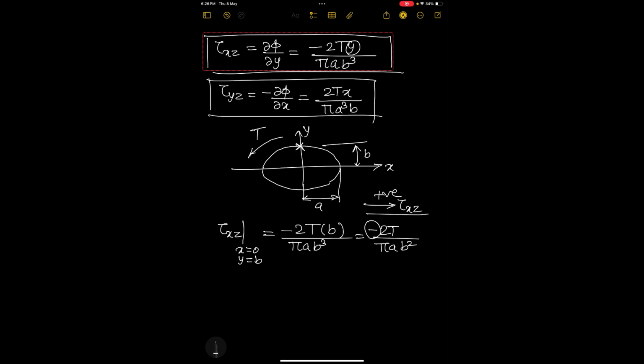Now note that this sign is negative, so shear stress is negative. That means the direction of this tau xz is this, at this point.